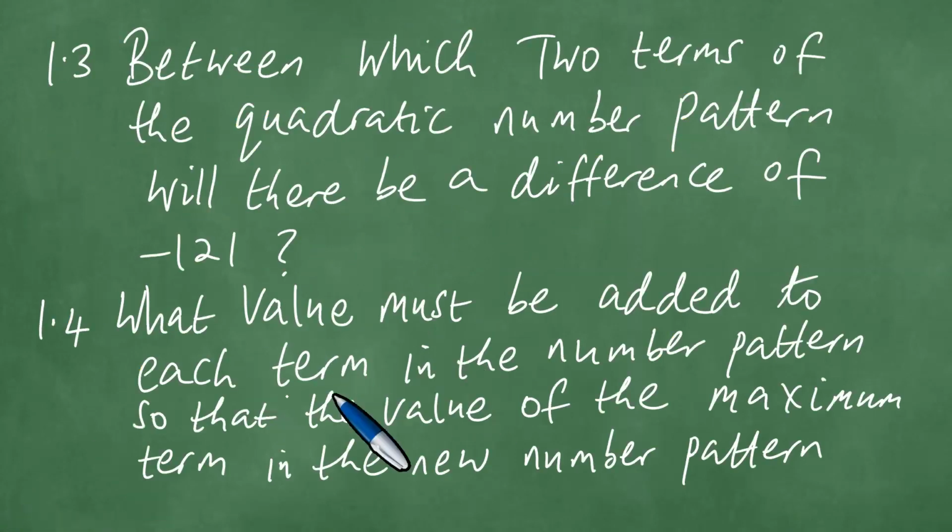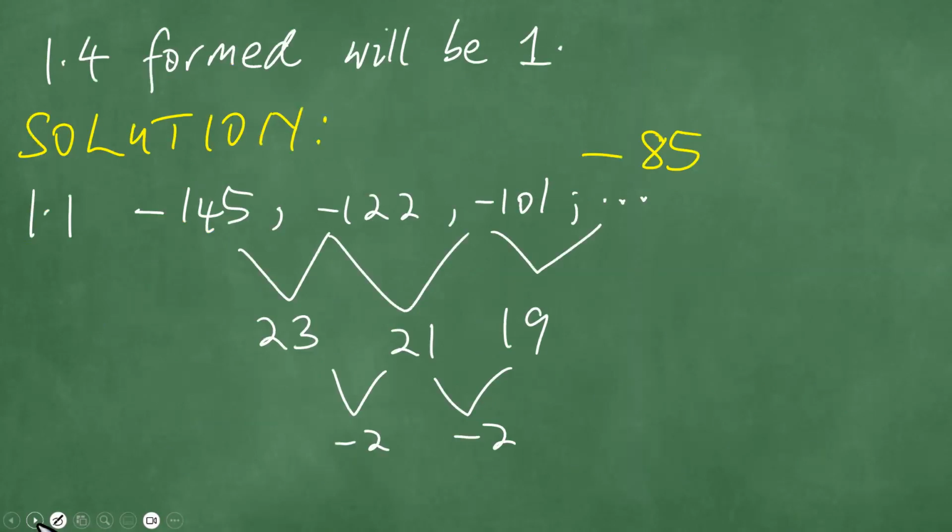What value must be added to each term in the number pattern so that the value of the maximum term in the new number pattern formed will be 1? So you must get the maximum term so that you can know what must be added to it. So what is the maximum term?